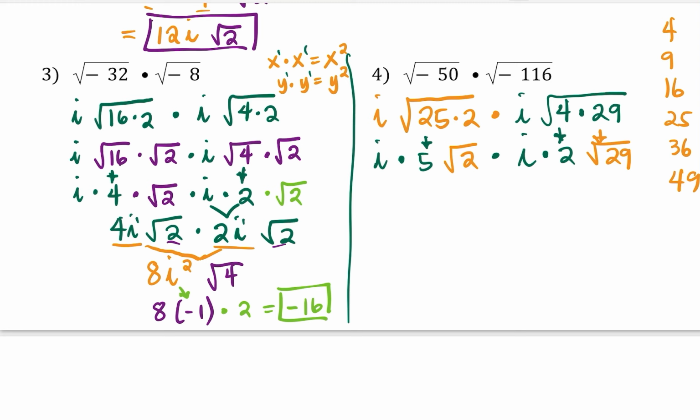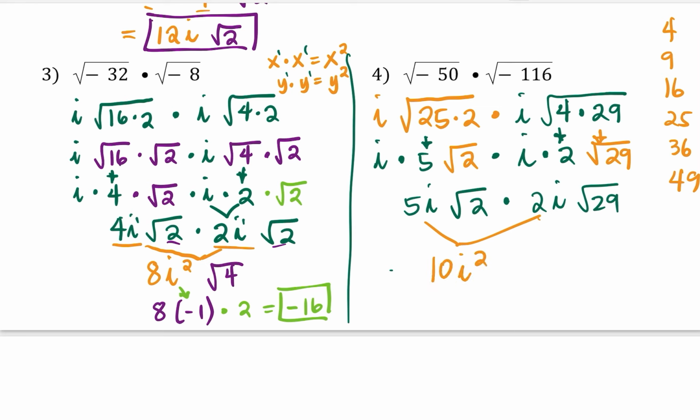Now let's simplify further. We have 5i square root of 2 times 2i square root of 29. Now we can multiply 5i times 2i. So multiplying this would be 10i squared times square root of 58.